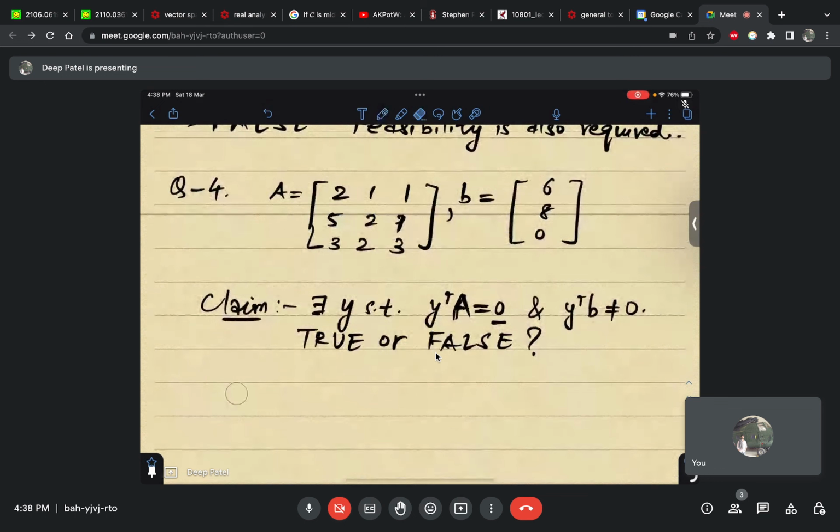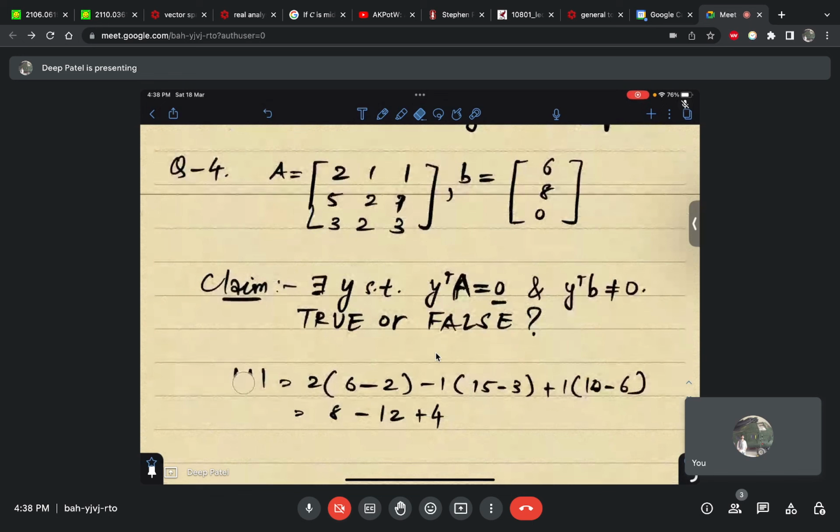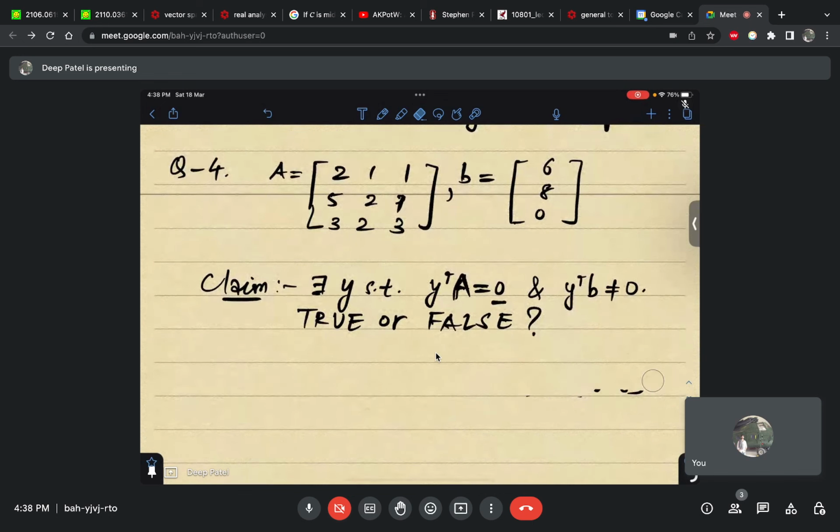Oh my god, that is horrible. Okay, let's do it. It's 6. It's 14. I think it's 8. It's not invertible. It's singular. So can you find some dependence?